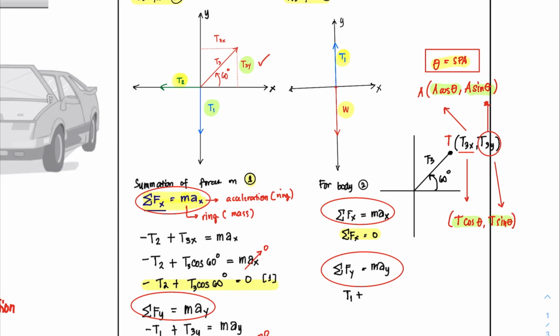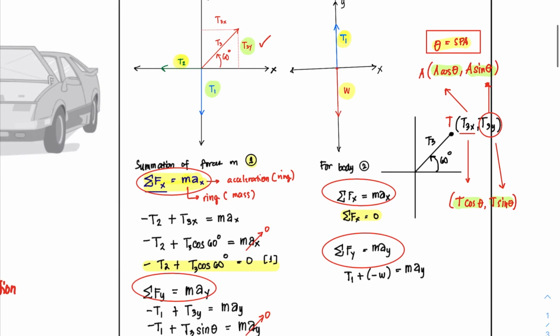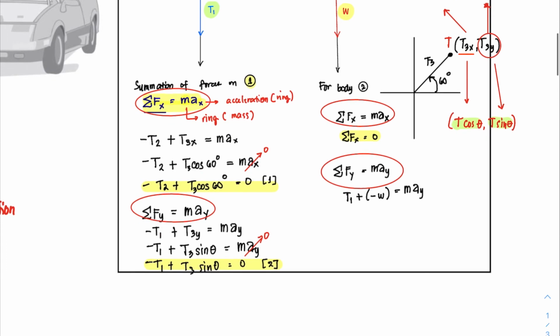Basically, you're taking the sum of all the forces. So you add the force along the y-axis, which in this case is W, or the weight. The weight should bear a negative sign since it's on the negative y-axis. So plus negative W is equal to m acceleration along the y-axis.